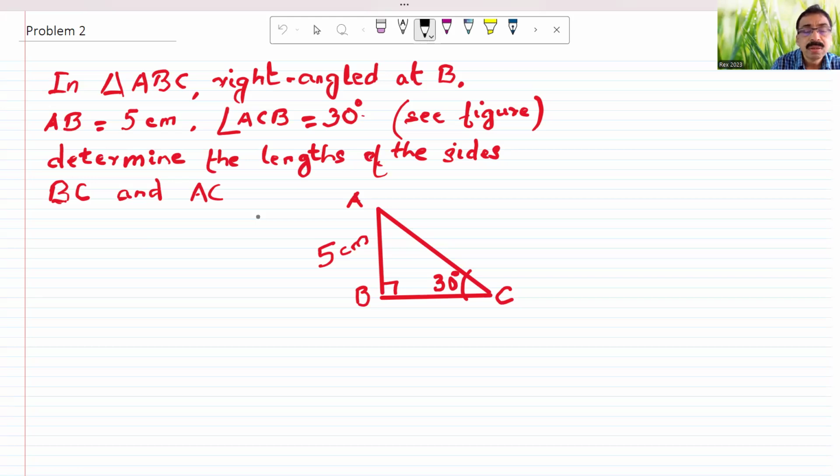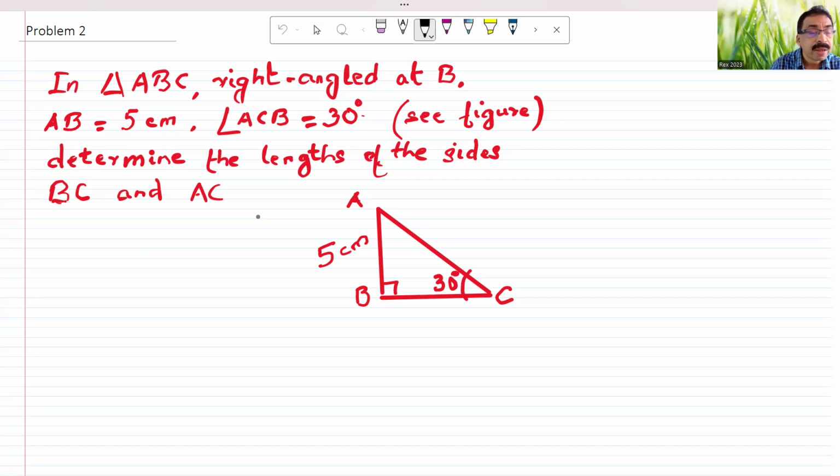Now our next thing would be to find either BC or AC. It's up to you, if you want to find BC, you can find BC, and then with the help of AB and BC, you can get the hypotenuse. Or you can find out what the hypotenuse is, and with the help of hypotenuse and 5 centimeter opposite side, we can find out what BC or the adjacent side is.